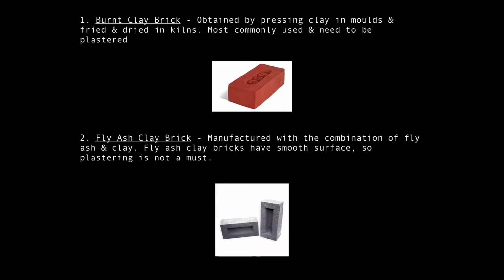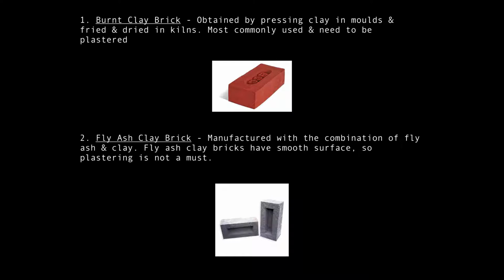So we'll basically consider here two major criteria which are being used to categorize bricks. Number one is the classification based on raw materials. Basically there are three major types of bricks which are being used.